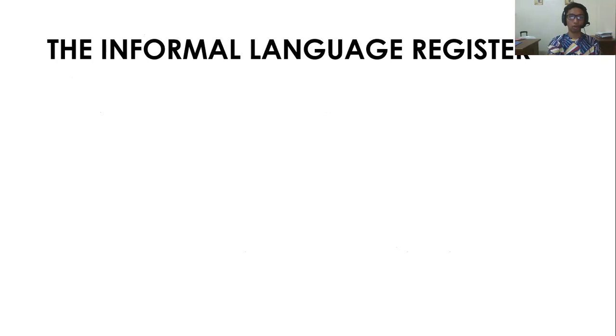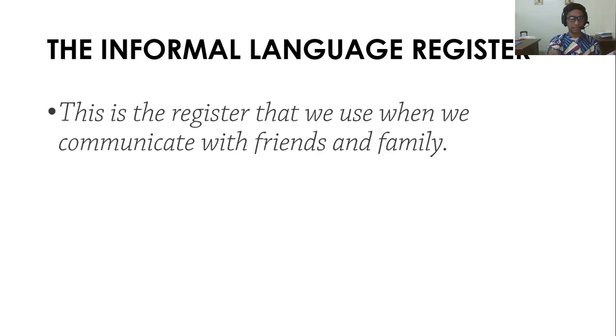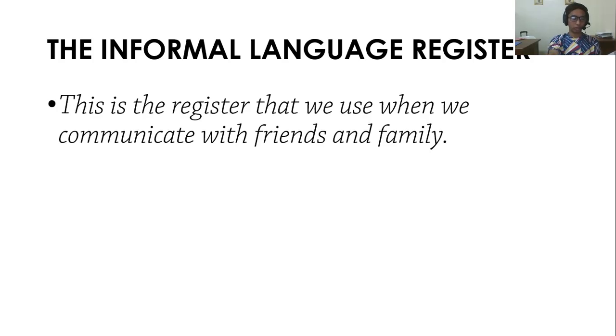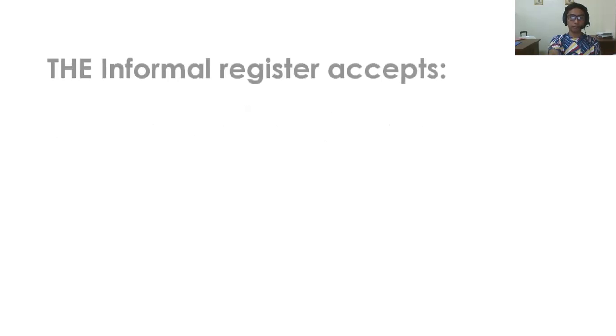Okay, let's now proceed to the other one. It's the informal language register. Of course, by its name alone, it's the opposite of formal. So to young people, the informal register always works because this is the register that we use when we communicate with friends and family.